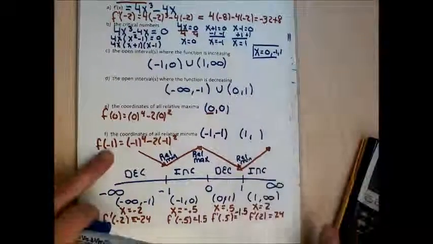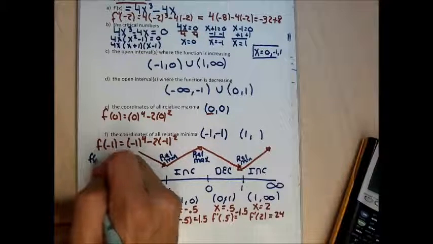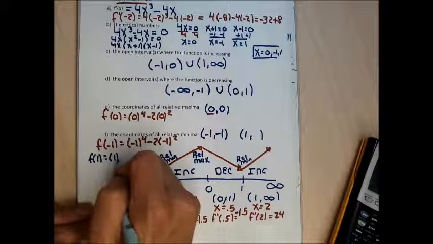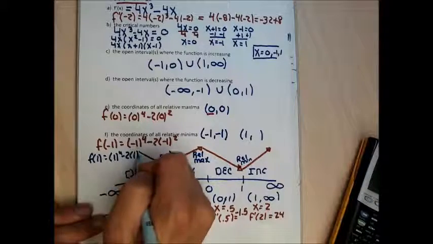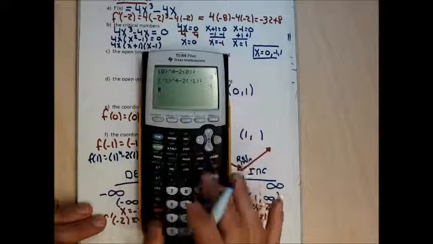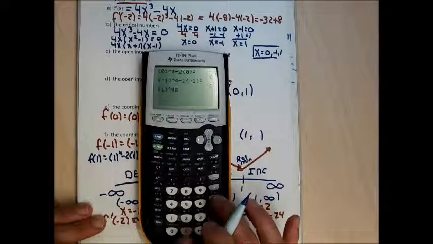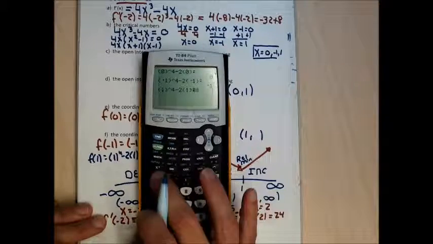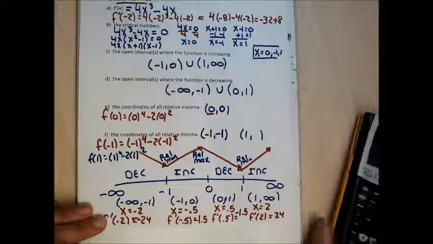And for the last one, I'm going to do f of 1, which is positive 1 to the fourth minus 2 times positive 1 squared. And that's negative 1 again. So positive 1 up arrow fourth minus 2 times 1 squared, and I get negative 1 again.